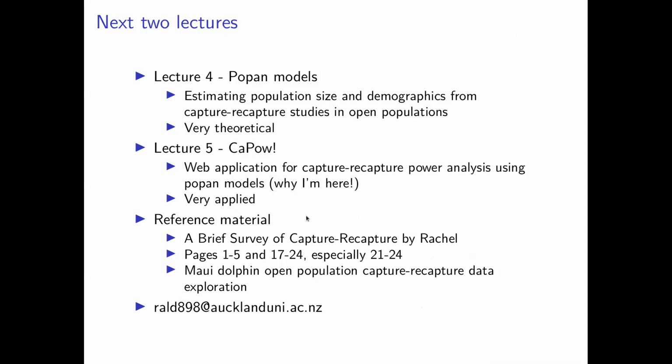As well as those notes, I've written a data exploration of some open population capture-recapture data for Maui dolphins. So we'll probably get into that in the next section of this lecture. I can show you what it looks like as well.